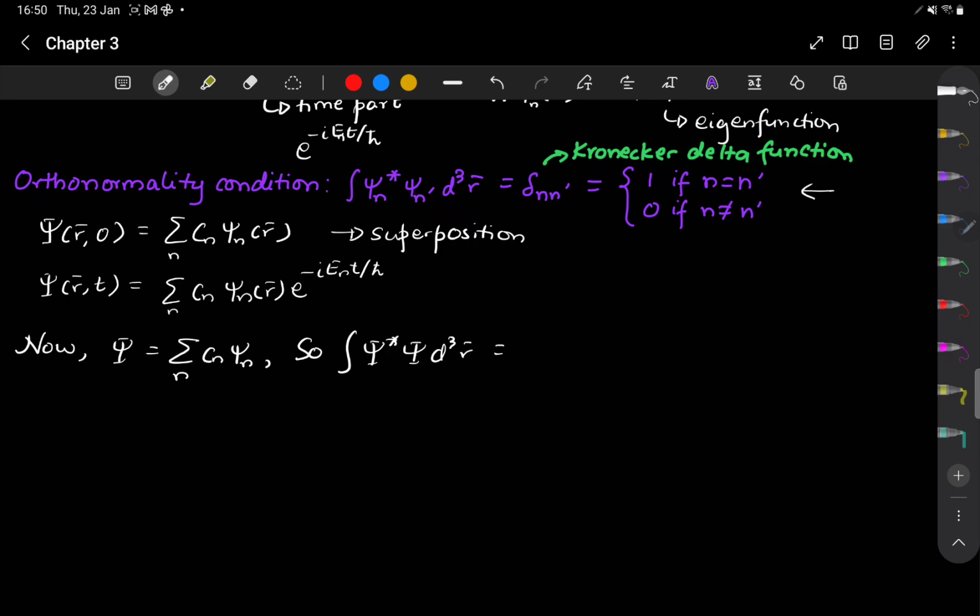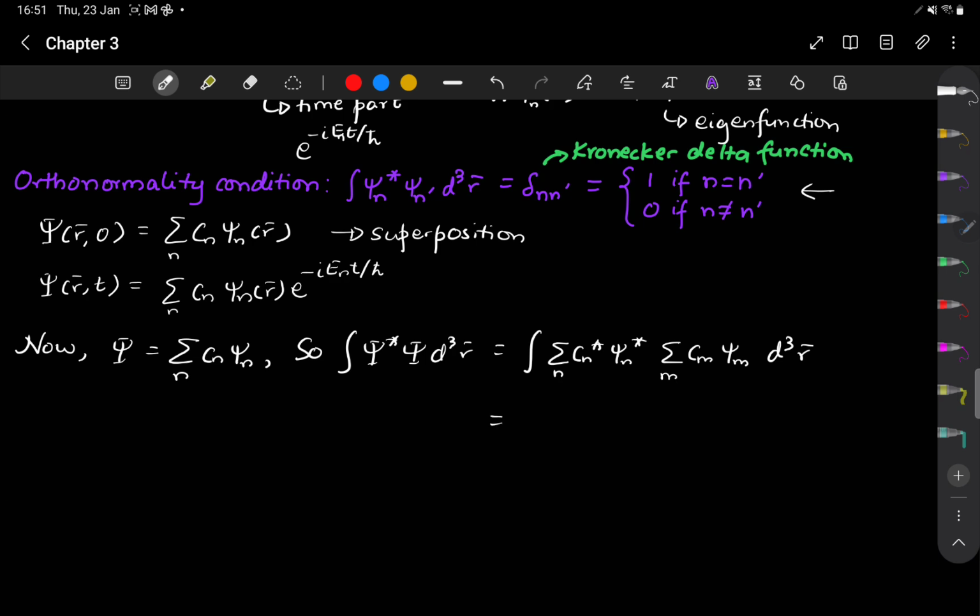We will make use of the orthonormality condition. This is basically the integral of psi star, which is the sum of Cn star psi n star, times psi. So that is another summation, Cm times psi m, and then the integral over the entire volume.